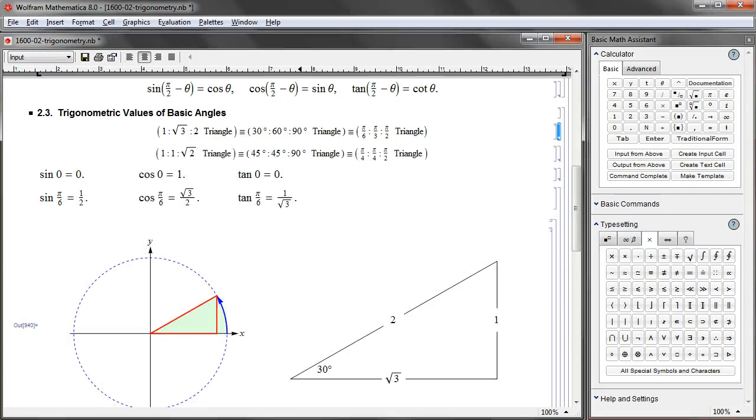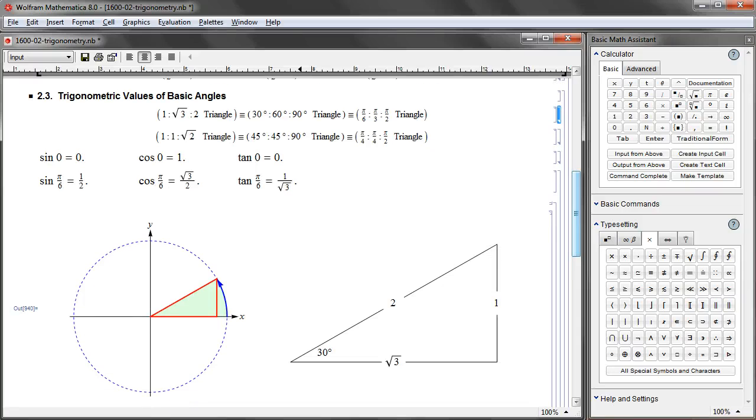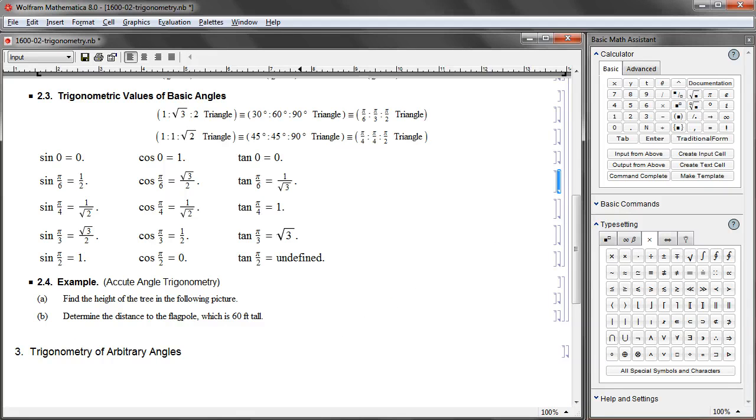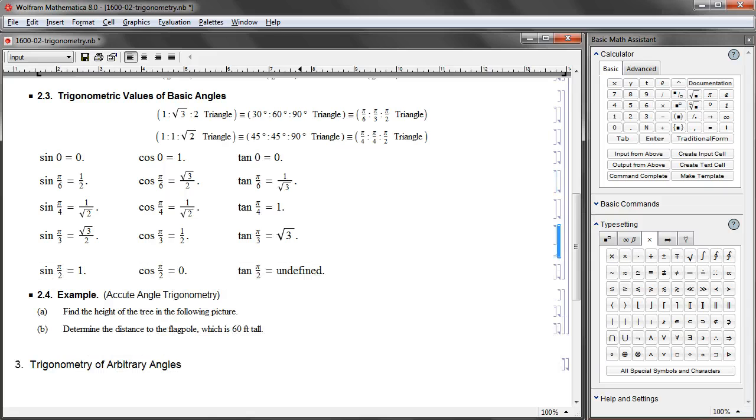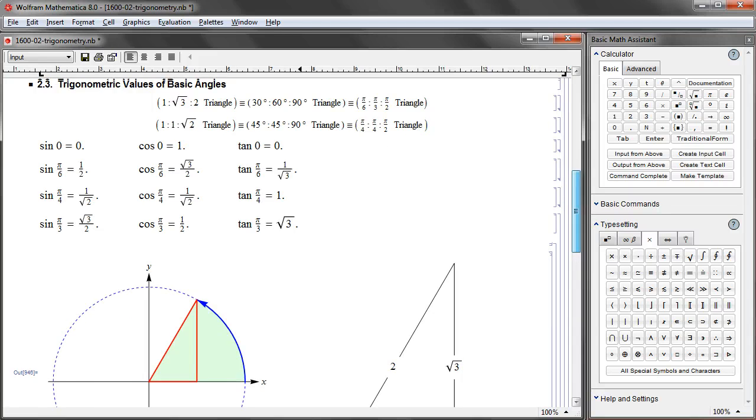And you can use that triangle positioned this way so that we have 30 degrees. And then we can answer sine, cosine, and tangent values using opposite over hypotenuse, adjacent over hypotenuse, and opposite over adjacent, respectively. We can do the same thing with angle pi over 3 or 60 degrees.